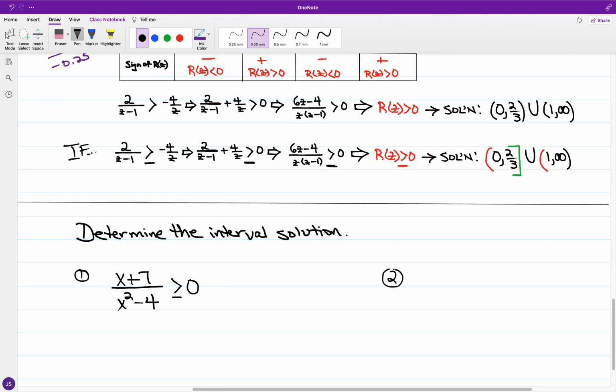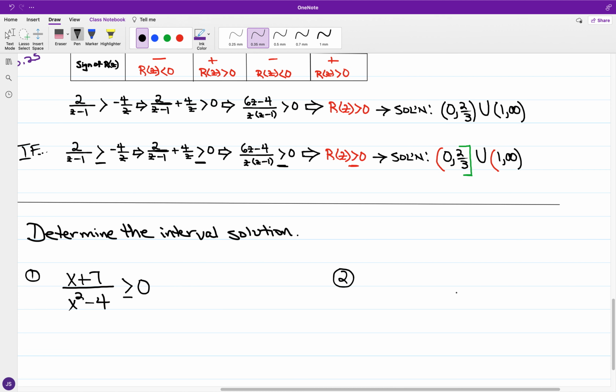Now, just mention in the case of, let's say, a comparison inequality between ratios.